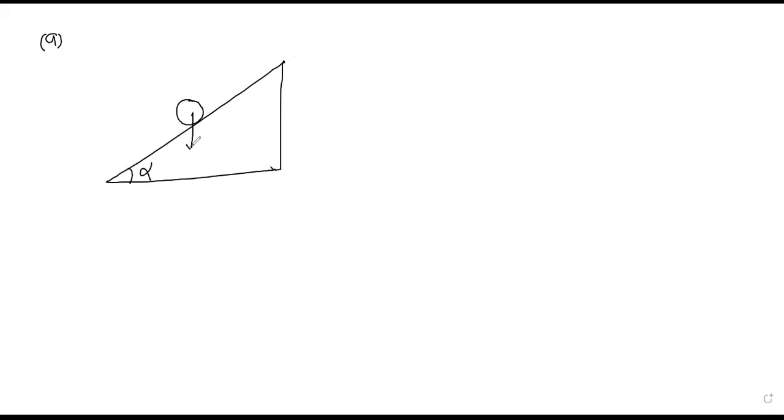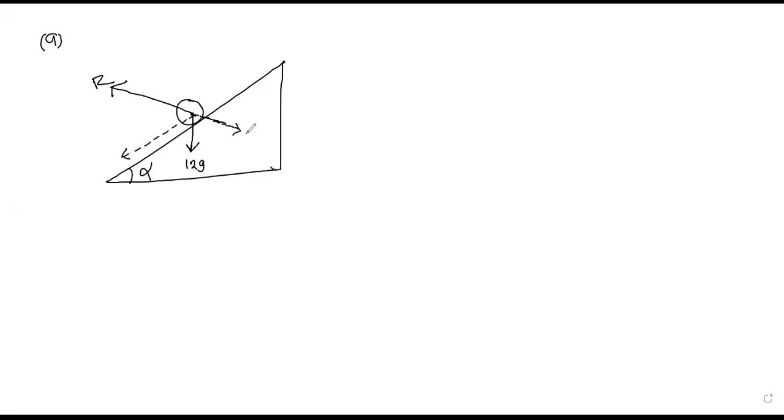If the mass is 12 kilograms, then its weight is 12g. This mass has the normal reaction of the body, and then since it is placed on an inclined plane, we need the components with respect to the weight.